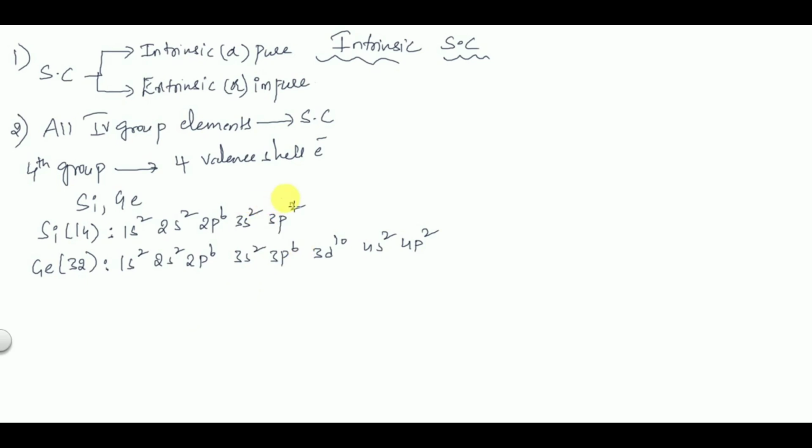These electrons are called valence shell electrons. If you observe here, there are totally 4 electrons in the valence shell for all the fourth group elements.